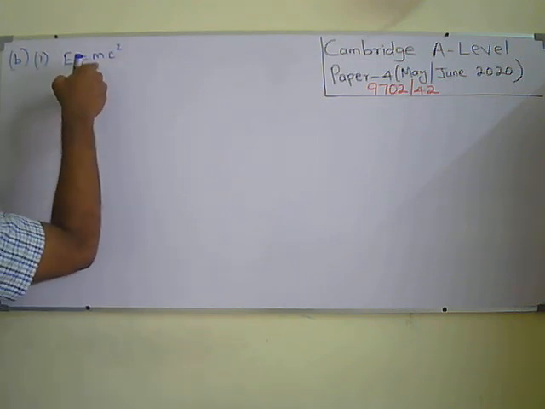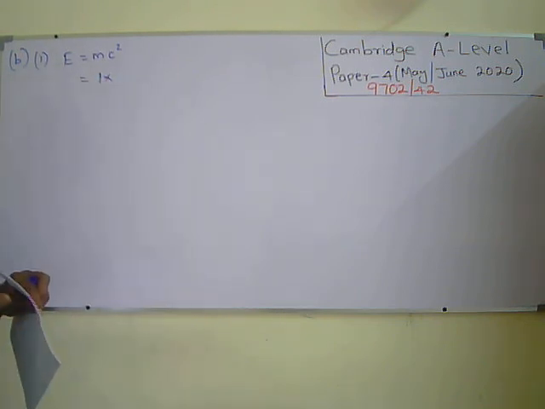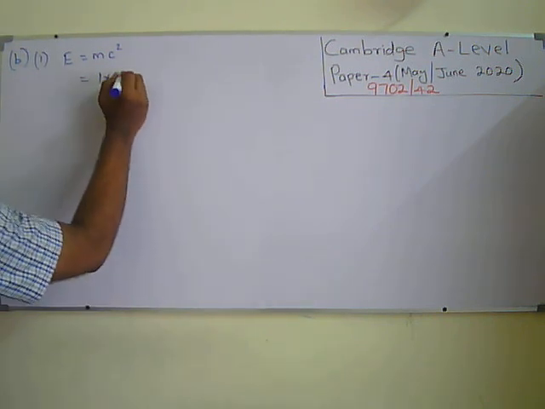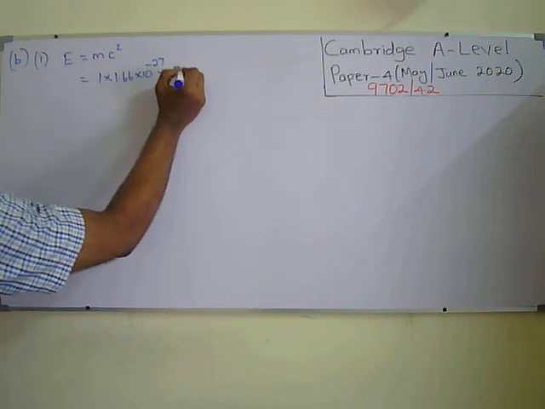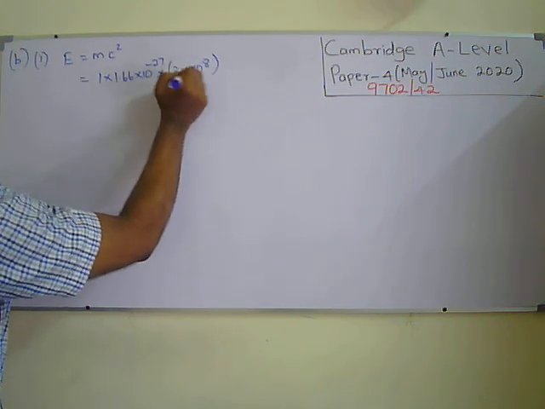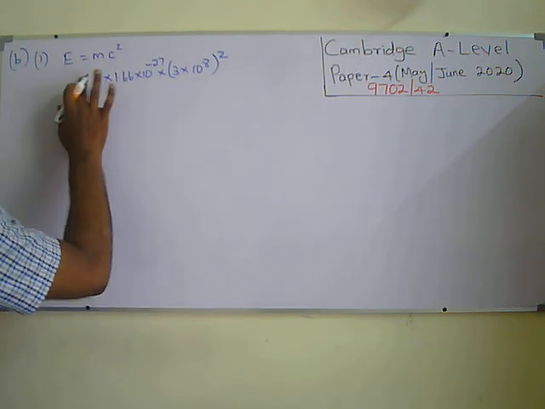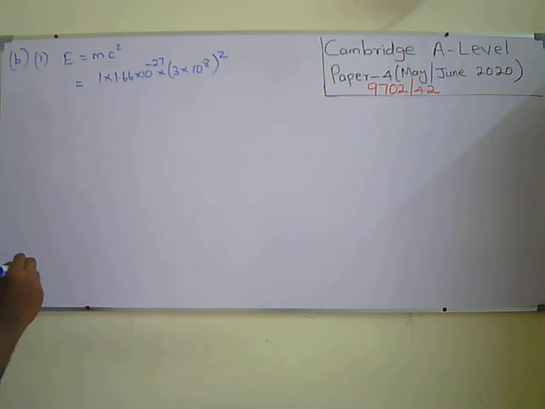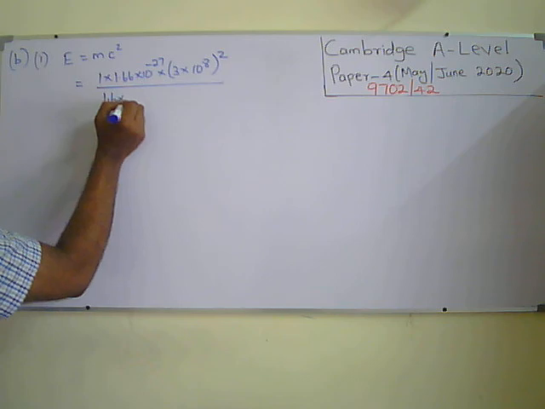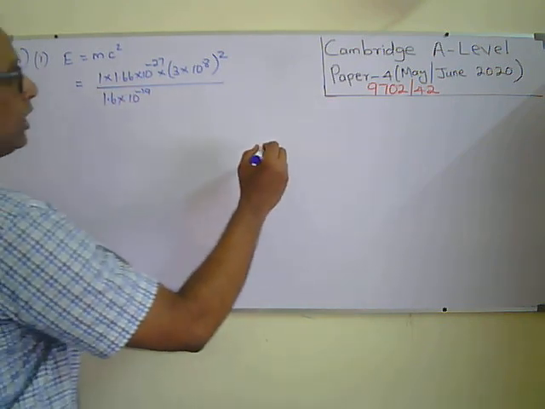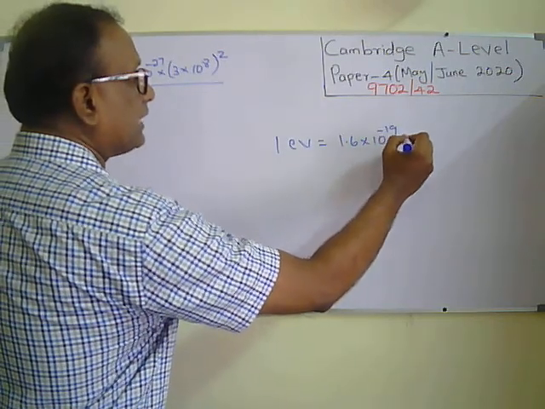So 1 u means 1 multiplied by 1.66 times 10 to the power minus 27 kilograms, into 3 times 10 to the power 8, all squared, that is the speed of light c squared. So you will get it in joules. But they ask you to show it in mega electron volt. 1 electron volt equals 1.6 times 10 to the power minus 19 joules.